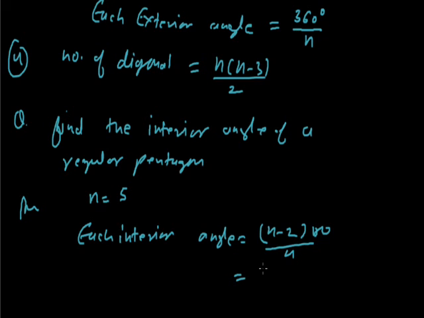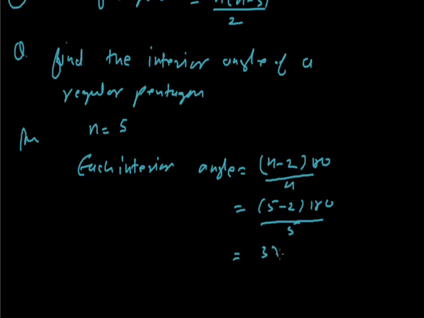For n we put 5. So (5 minus 2) into 180 divided by 5, we get 3 into 180 by 5. 180 is cancelled with 5, we get 36 into 3, so each interior angle of a regular pentagon is 108 degrees.